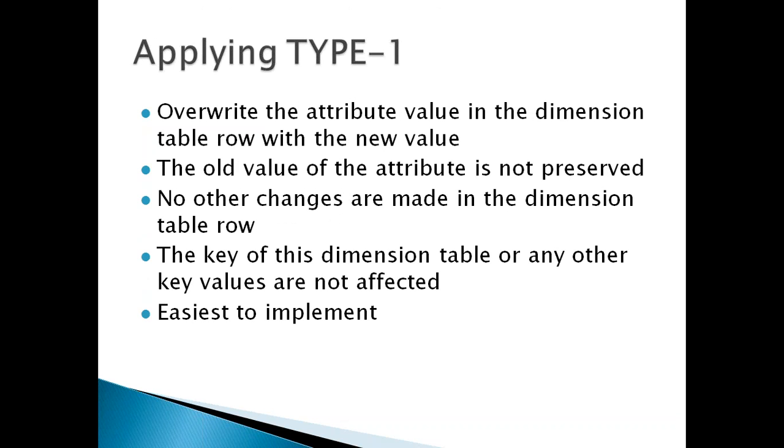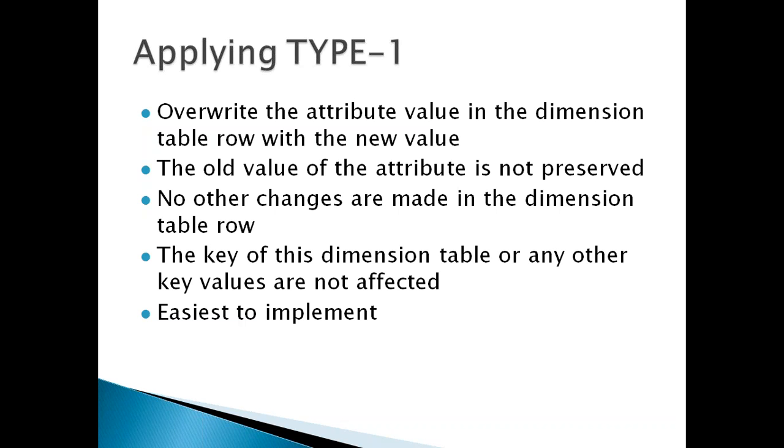So how do you apply your type 1 SCD? First thing is to overwrite the attribute value in the dimension table row with the new value. Wherever you find the error, go and overwrite that value with the new value. The old value should not be preserved. Try to delete that old value. And no other changes are made in the dimension table row.